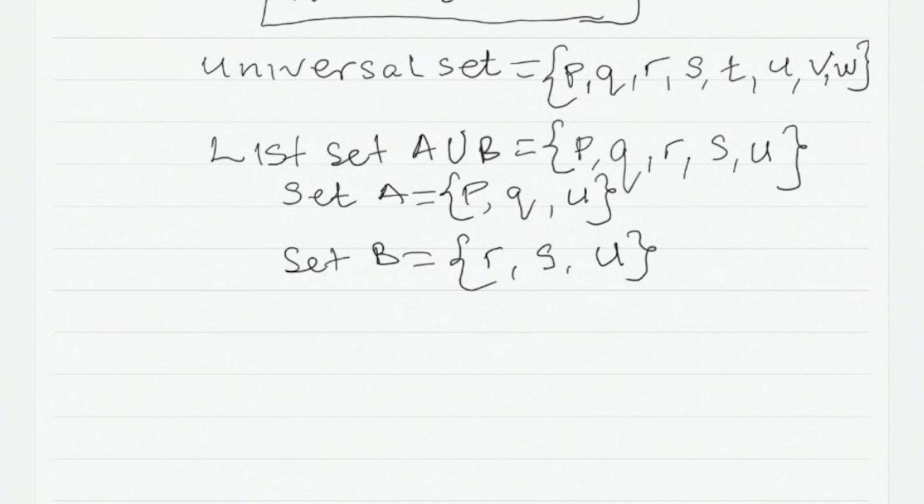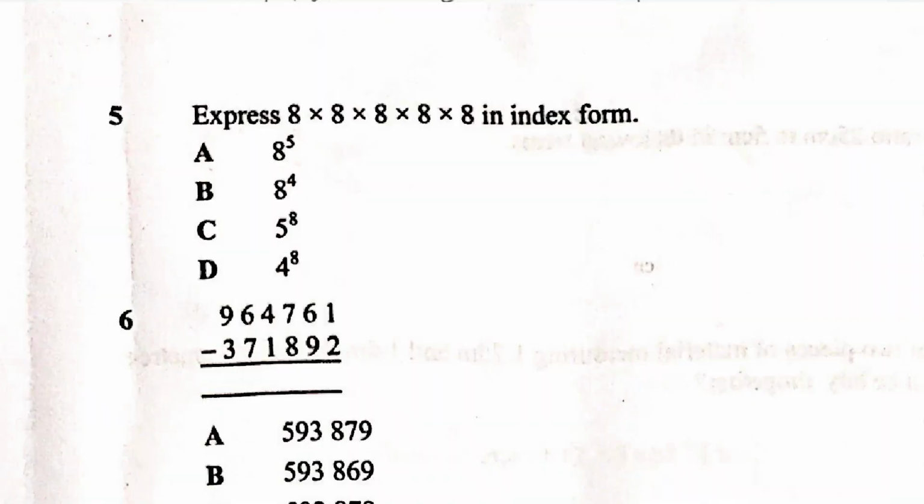We move forward. We come to question 5. Question 5 is saying express 8 times 8 times 8 times 8 times 8 in index form.